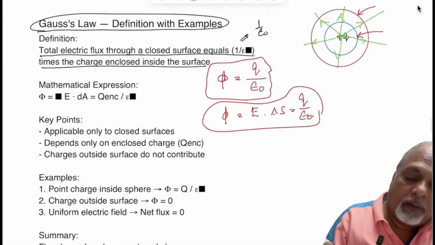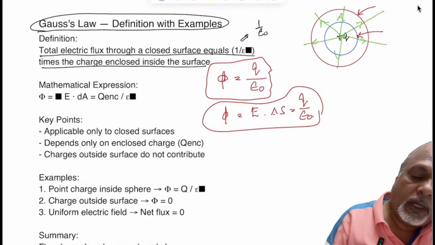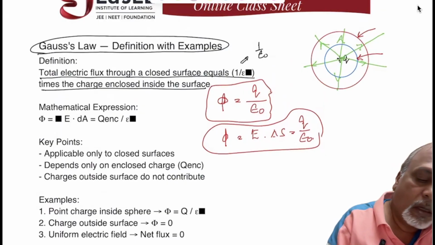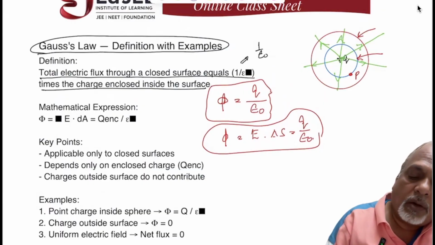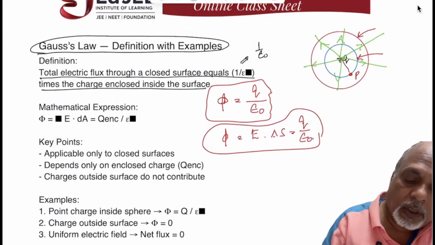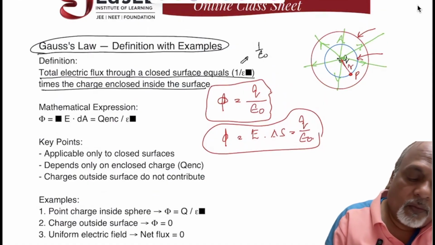Now, if you want to find out the electric field, suppose in this figure there is a point P, which is R distance away from the charge. So with blue color, we have made a sphere.